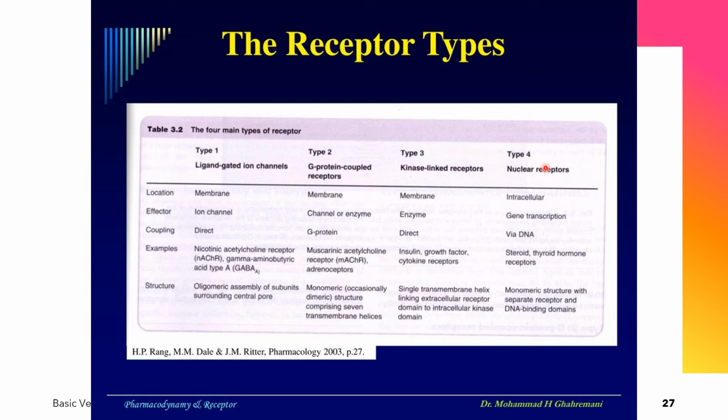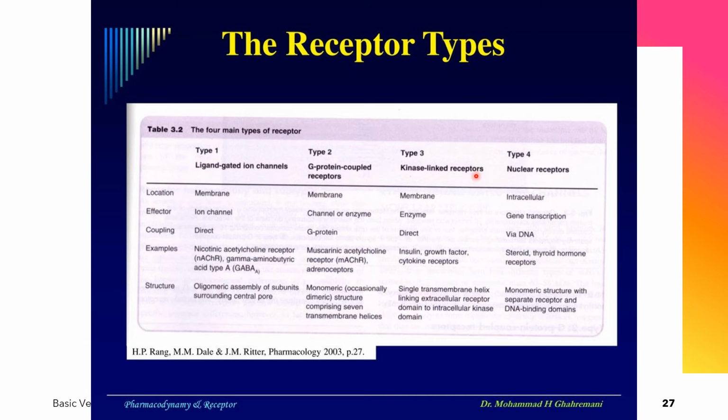And for the nuclear receptors, its effector is the gene transcription. So in terms of other examples of the ligand-gated ion channels, there are the gamma aminobutyric acid type. For the G-protein coupled receptor, again we have the muscarinic receptors and the adrenoceptors.